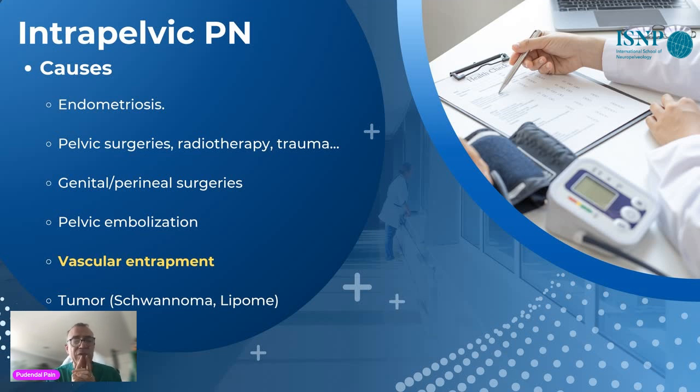But that is quite seldom because most of the pelvic surgeons are really not going in the area of the pudendal nerve. So in this situation, the main cause is not a direct lesion of the nerve by the surgeon, but more a secondary irritation of the nerve due to an inflammation or postoperative hematoma that over time will develop scar tissue and tie the nerve.